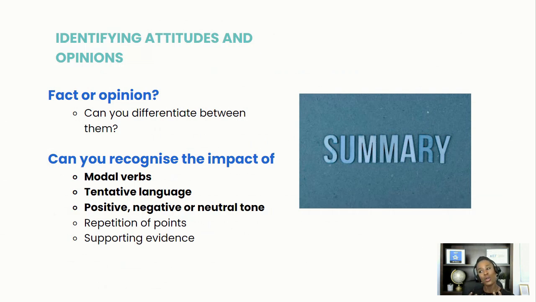You'll need to be able to recognize the impact of modal verbs, tentative language in general, positive, negative, or neutral tone, as well as the following points below, which we haven't had time to dig into deeply today. But as I said, if you need to work on your reading skills further with me, I'm happy to help.